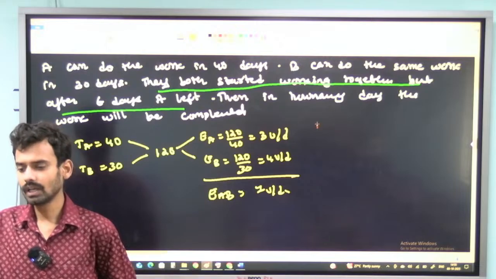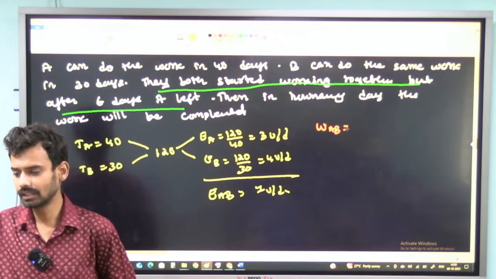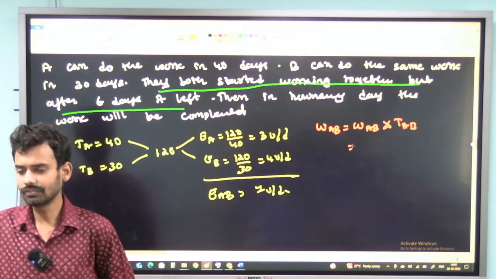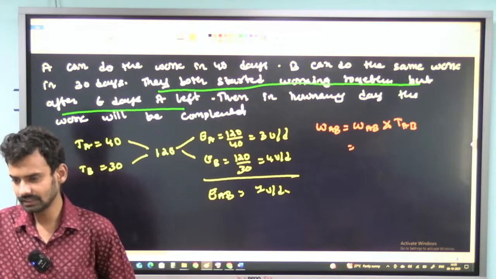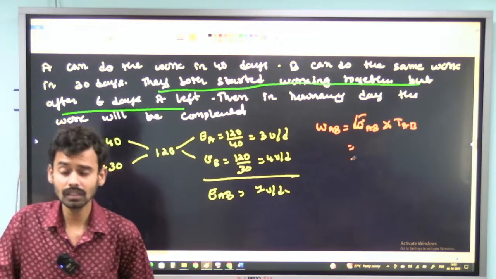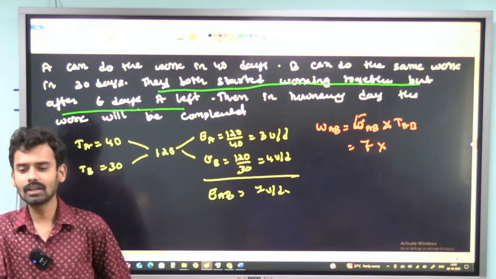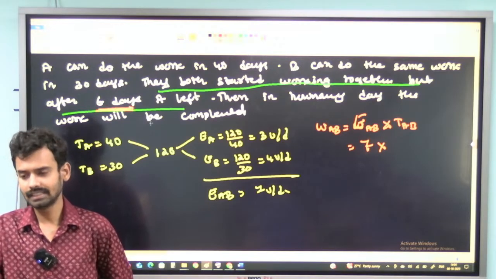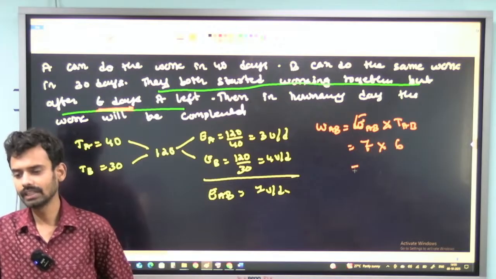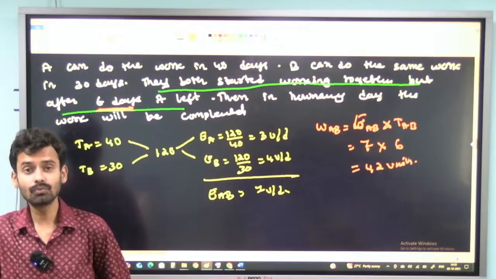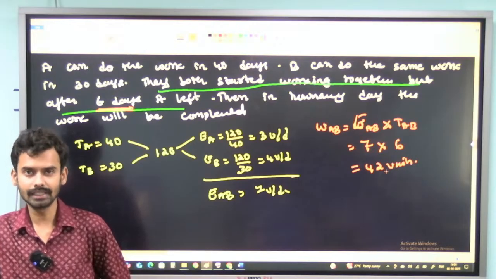Now work done by A and B is equal to efficiency of A and B into time taken. Efficiency of A and B is 7 units into, for what time they are working? They are working together for 6 days, so 7 into 6. So they have completed 42 units of work out of 120.